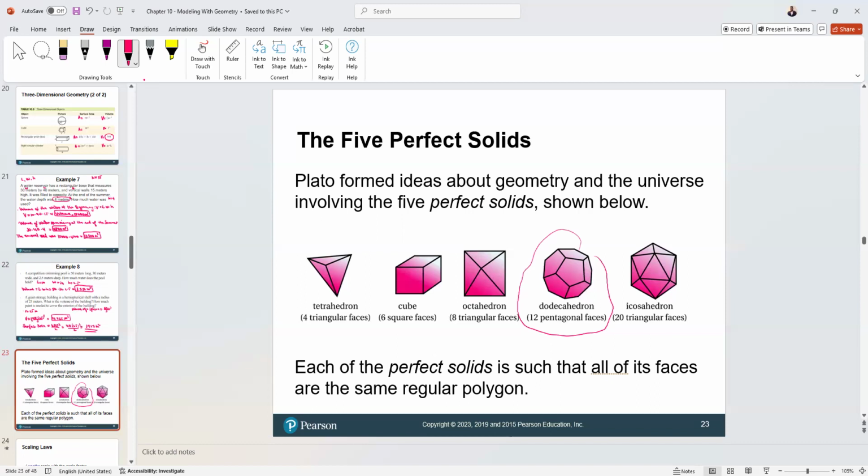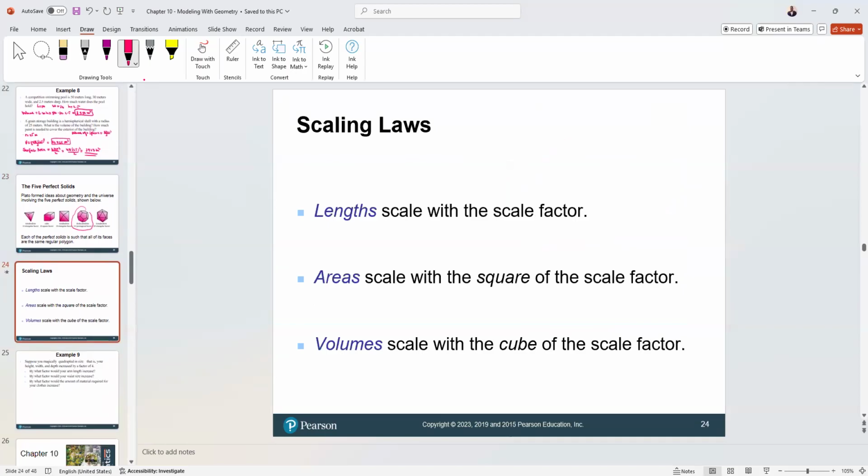Commenting on this irony, the popular author Isaac Asimov wrote a long sentence about it. But you know what? Each of these perfect solids is such that all of its faces are the same regular polygon. So feel free to do more research on this, because scaling laws would be the next topic.